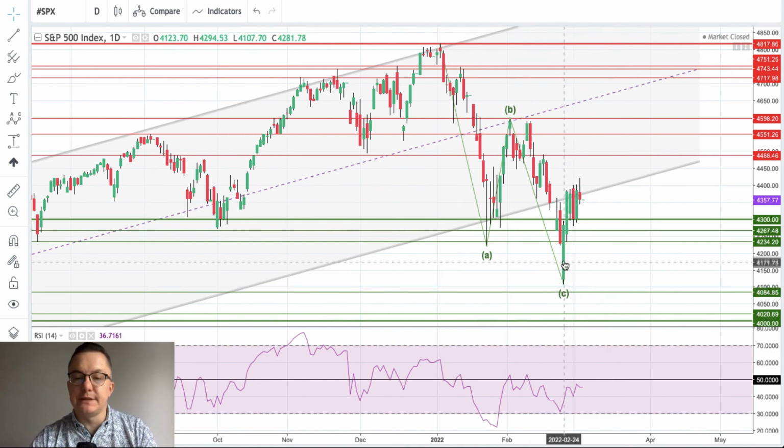We bounce. Please notice the big green candle from the level of 4,107. We are testing the trend line here, and if the data will be in favor of the S&P 500 bulls, then of course we should test 4,488.